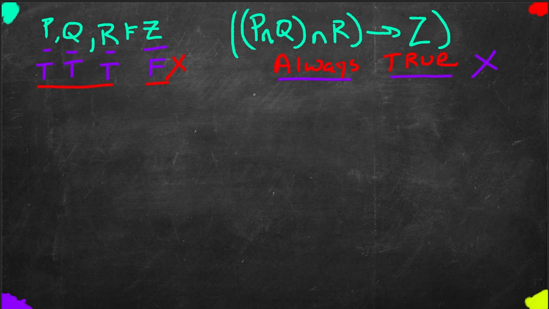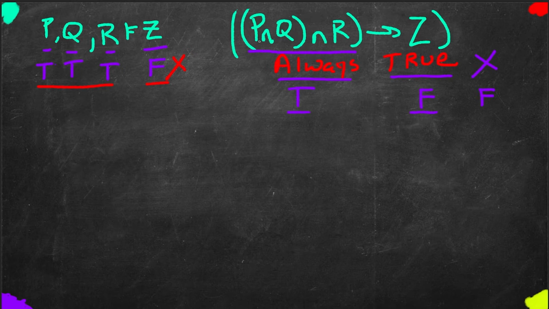The only condition under which a conditional is false is when the antecedent of the conditional, which is the formula to the left of this right arrow, is true, and the consequent of the conditional is false. So this is the only scenario in which this conditional is false.